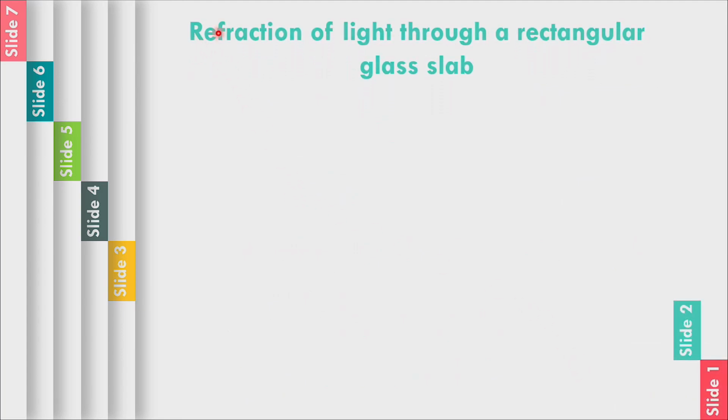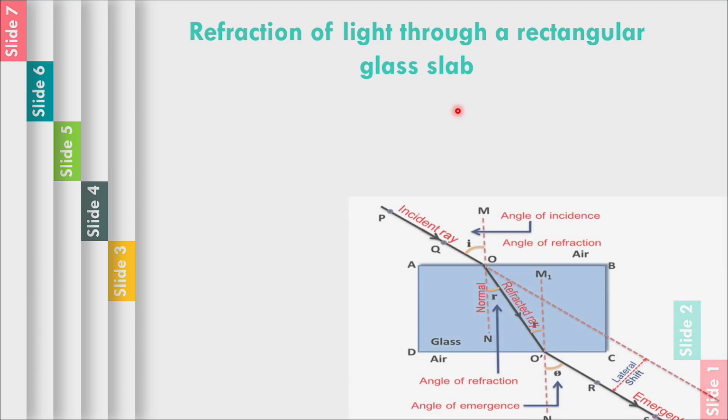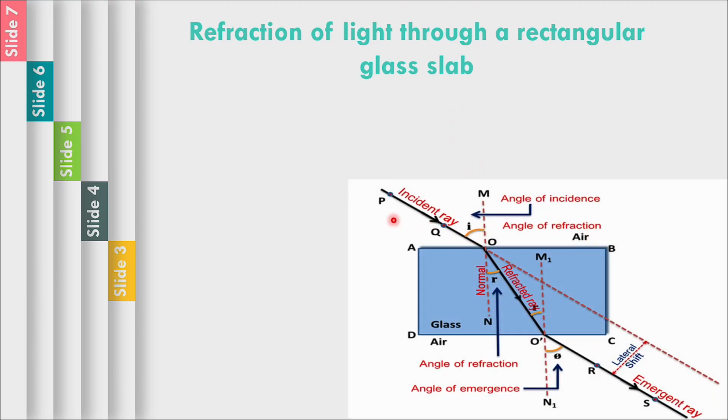Next, we can discuss the refraction of light through a rectangular glass slab. Just observe this diagram. Here it is PQ. PQ is the incident ray that falls on the refracting surface AB of the glass slab.